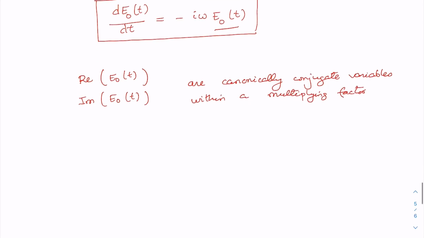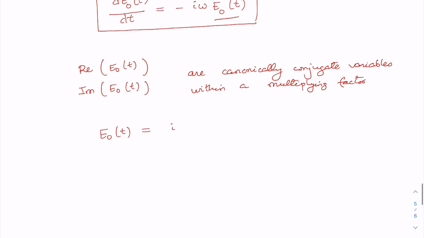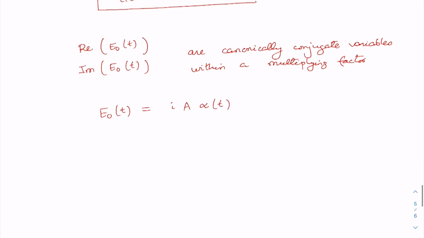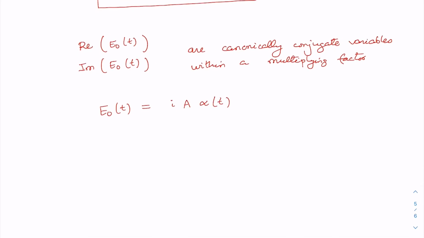So let us define E0(t) as i, it's an imaginary number, some constant A, and alpha of t, where alpha of t is a dimensionless normal variable, and A is a constant having dimension of electric field.